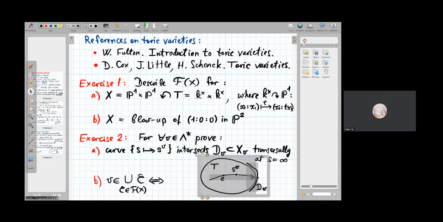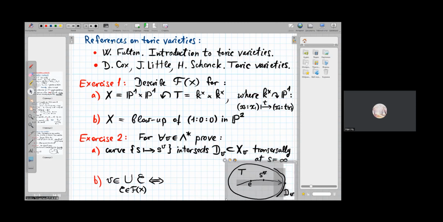Okay, I think this will work. Let me move this picture somewhere here. So the second part of the exercise is to prove that the vector v is covered by the fan of X if and only if there exists a limit of this curve s to v as s tends to infinity in the variety X.